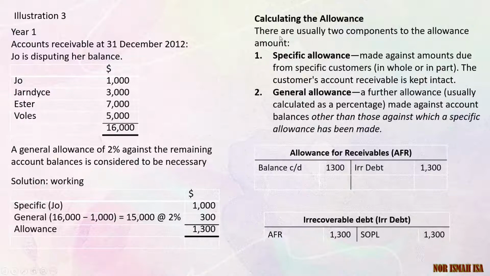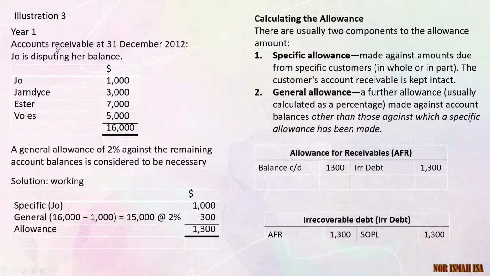So this is for the allowance. As for allowance, we have 2 types in calculating allowance: one is specific allowance, another one is general allowance. So specific allowance means against an amount due from a specific customer.